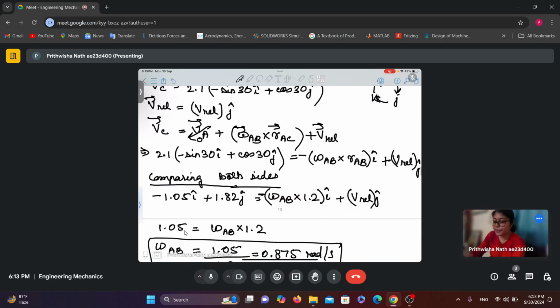So we know RAB is 1.2 and we just compare both the sides, like compare the I and J components.